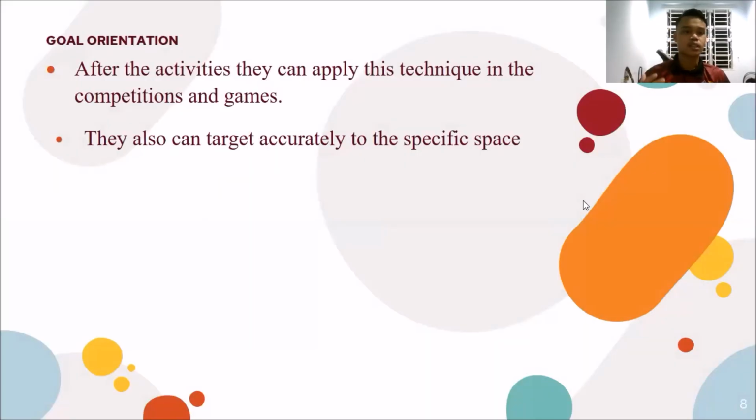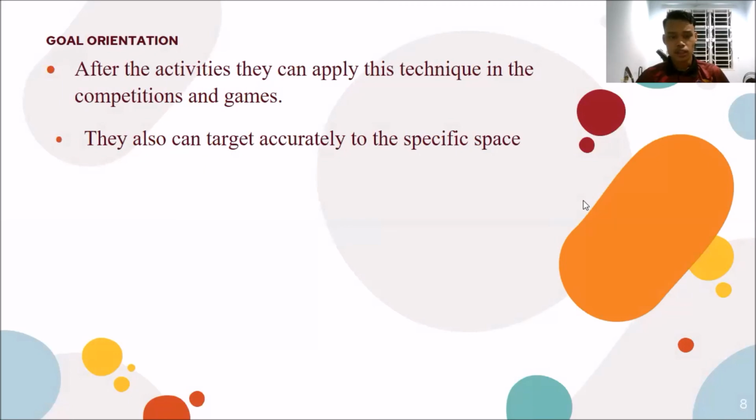And for goal orientation, after the activity, they can apply this technique in competition and games. After they do this activity, they can use the good drop shot technique in the skill, and they can also target accurately to the specific place.